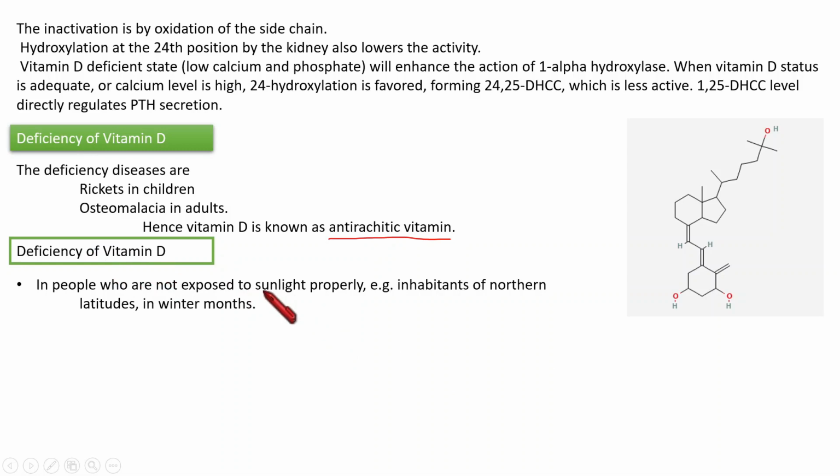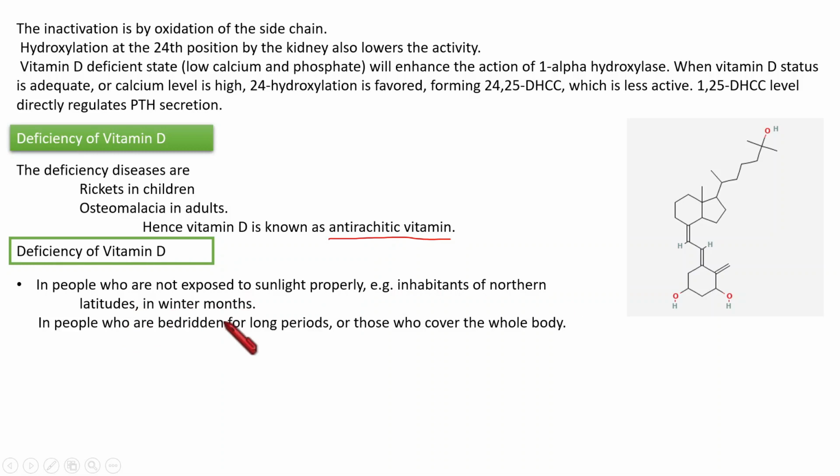This situation is common in inhabitants of northern latitudes during their winter months. And also in those people who are bedridden for long periods, there's no chance for them to get exposed to the proper sunlight.